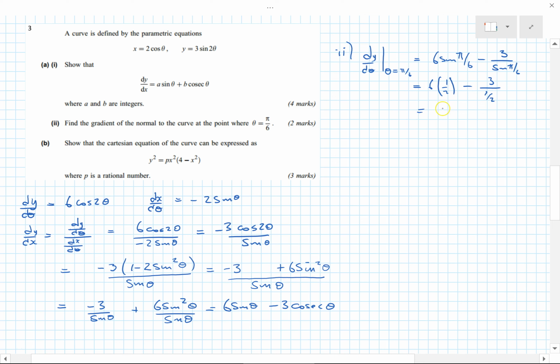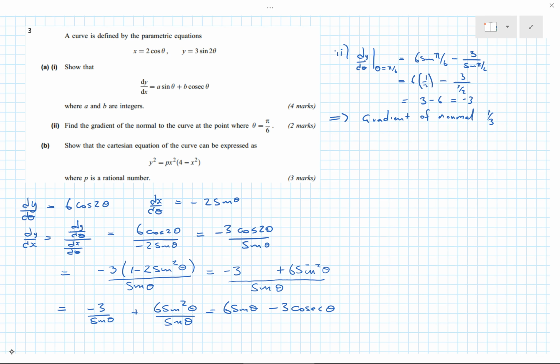So that's equal to 3 minus 6, which is equal to minus 3. But that's the gradient of the tangent. So that means the gradient of the normal is 1/3. Okay, thanks. Right, okay, next bit, part B.